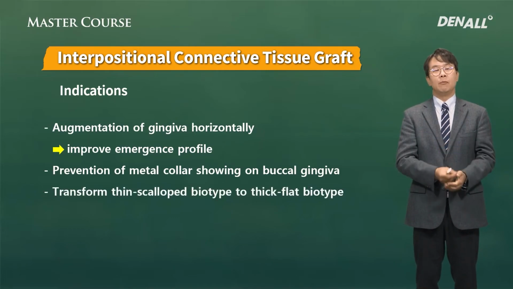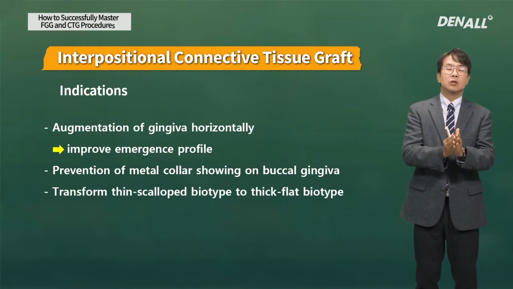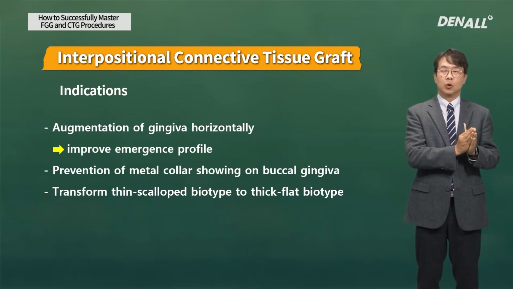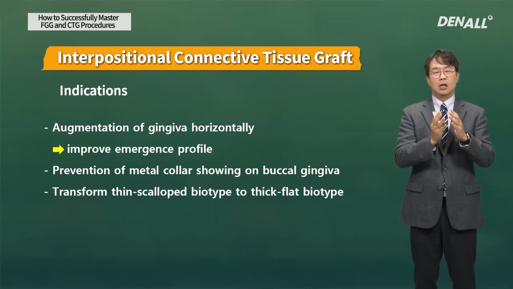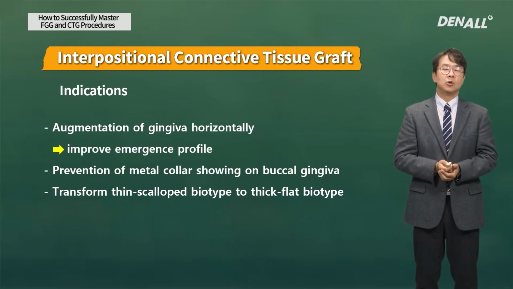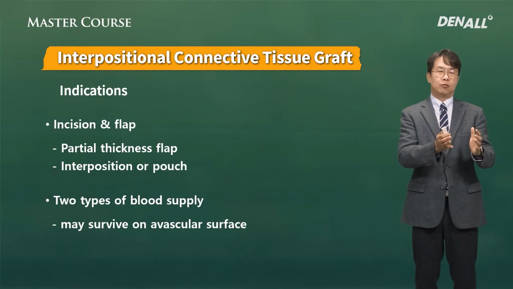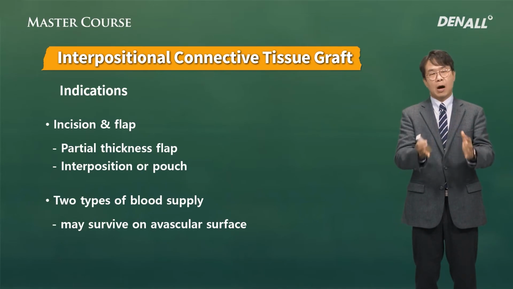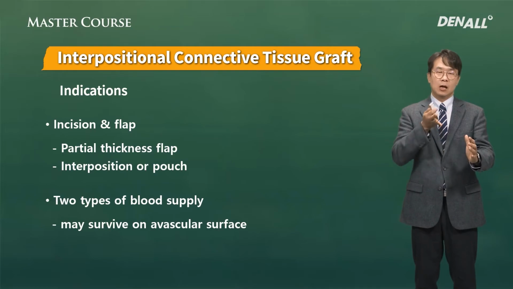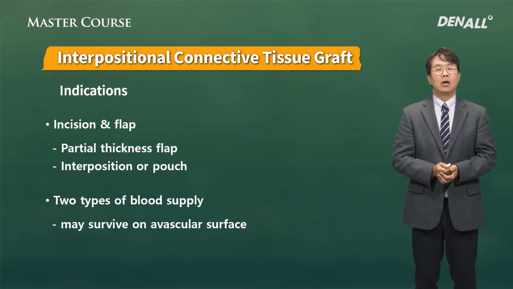Most importantly, it can transform thin scalloped biotype to thick flat biotype to stabilize soft tissue around implants. Also, the approach is the same. Partial thickness flap is made, and it is interpositioned in the pouch.